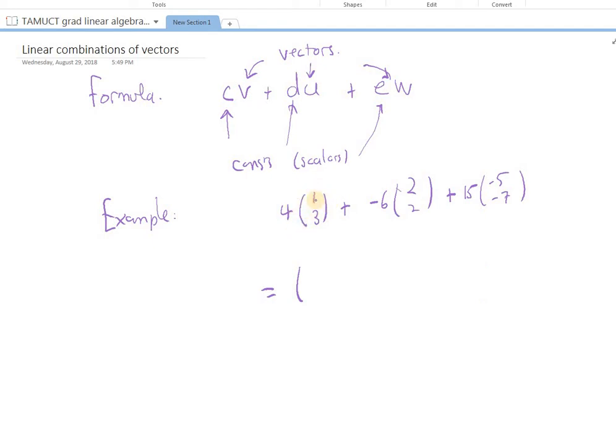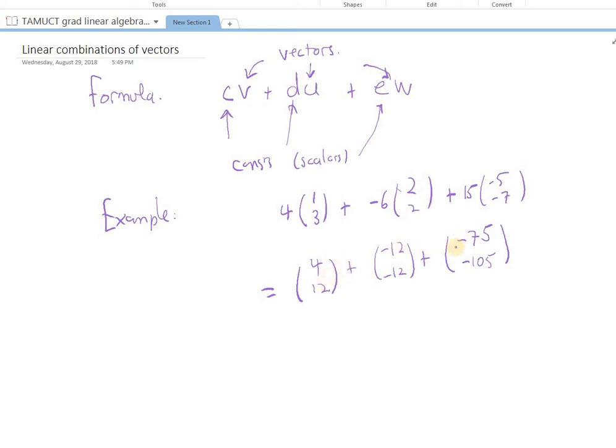I can do this multiplication here, that will give me 4, 12. I can do this multiplication here, that's going to give me minus 12, minus 12. I can do this multiplication here, that's going to give me what? I think that's 75, is that right? Yes, I think so, minus 75. And then this one would be, I think, minus 105. You can check that, maybe I got that wrong.